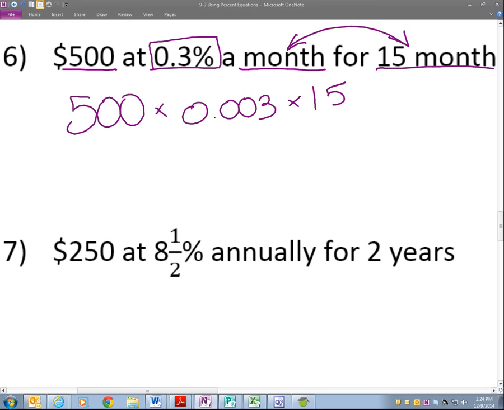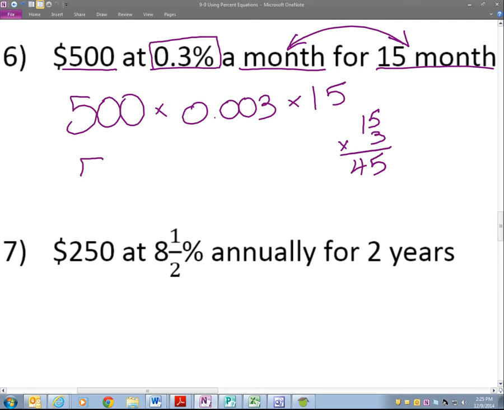You can go in any order that you want to, whatever makes the most sense to you. I think that this is pretty easy to do. 3 times 15, because I know how to multiply decimals, I'm just ignoring the decimal points right now. 3 times 15 is 45. But there are 3 decimals that I'm leaving out.